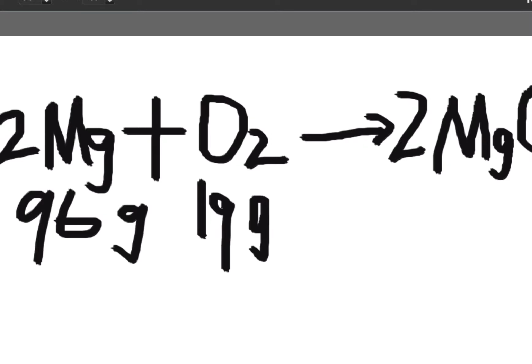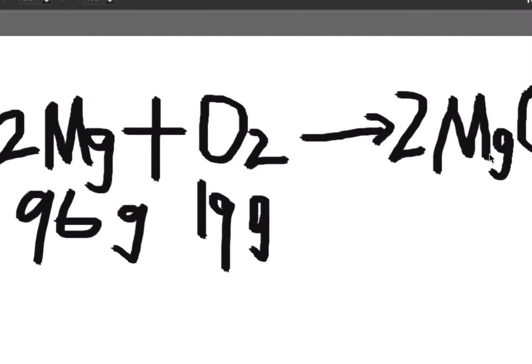Now, 32 grams is bigger than 19 grams, meaning we don't have enough oxygen to react fully with 96 grams of magnesium. So oxygen is the limiting reagent and magnesium is the excess reagent.